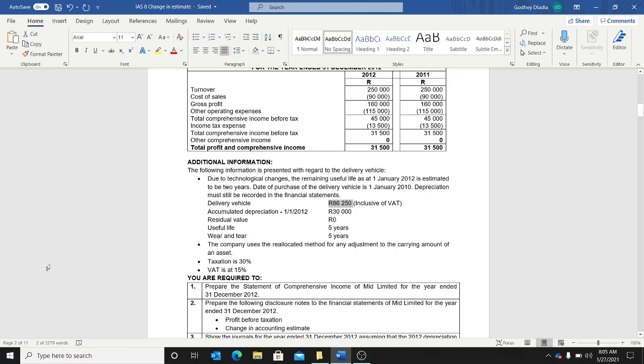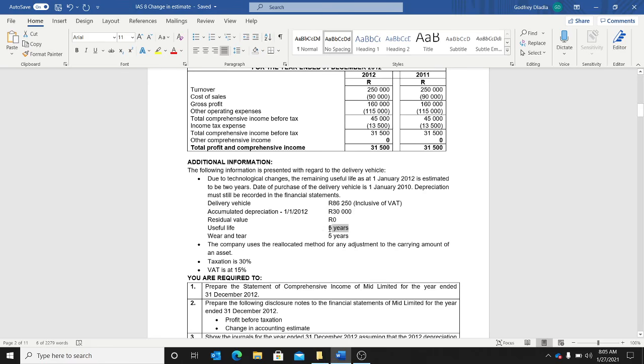And if the useful life of this asset is 5 years, you divide by 5, it gives you 15,000 depreciation per year. So if I've got 30 by this time, it means already 2 years is gone. Now, it means 2 years has been depreciated there.